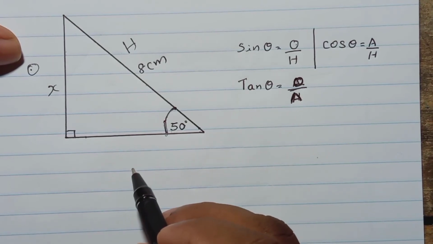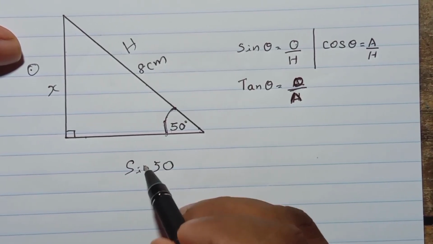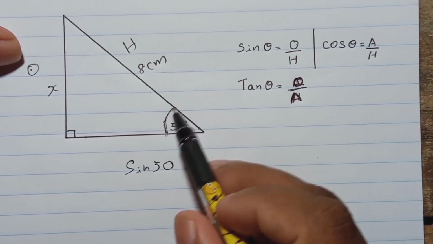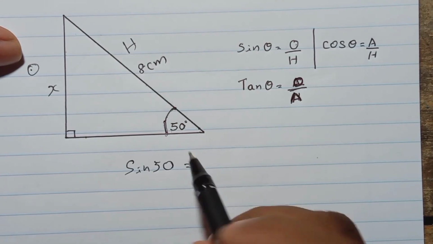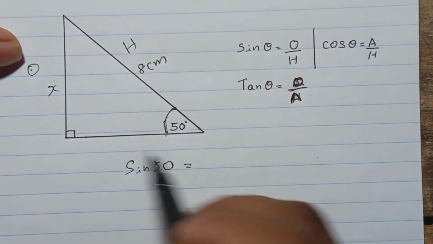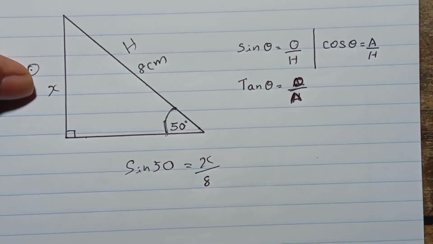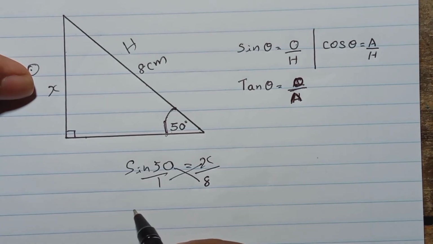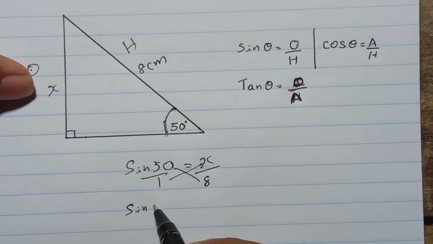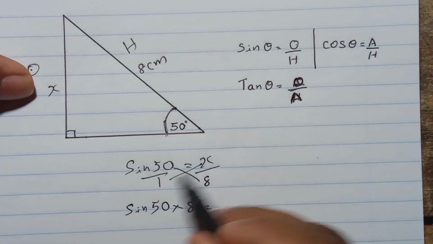So I will write sine 50. That means we take the sine ratio of this 50 degrees. Sine ratio means what? Opposite over hypotenuse. Here opposite is x, hypotenuse is 8. If you apply cross multiplication, sine 50 times 8 equals 1 times x.